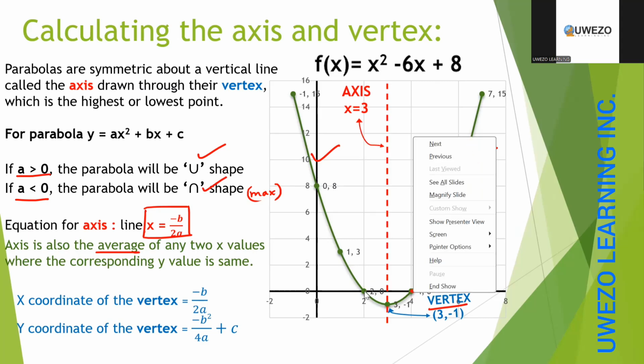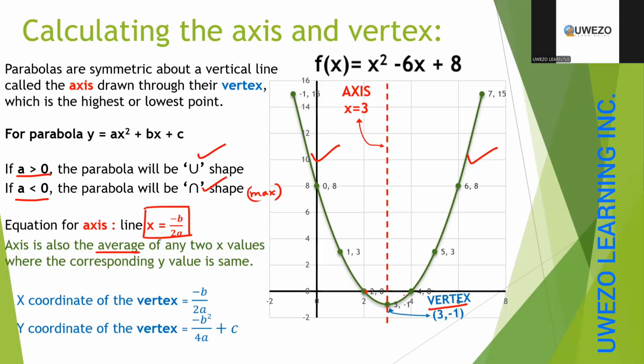So the average of 2 and 4 would be 3, which is the equation for the axis as well as the x-coordinate of the vertex. We could plug in 3 in the function to get the corresponding y value of the vertex.